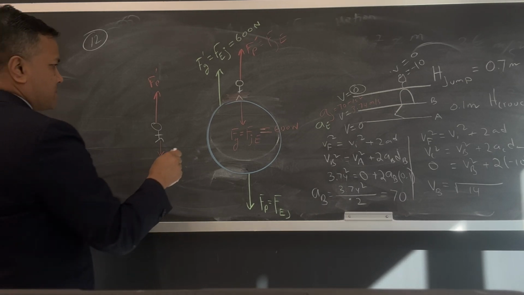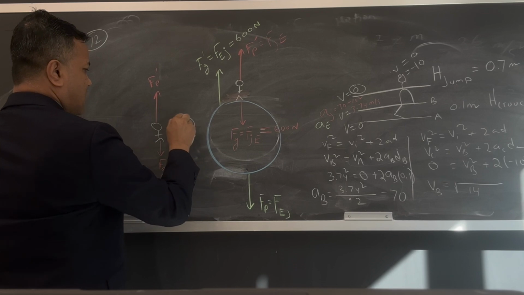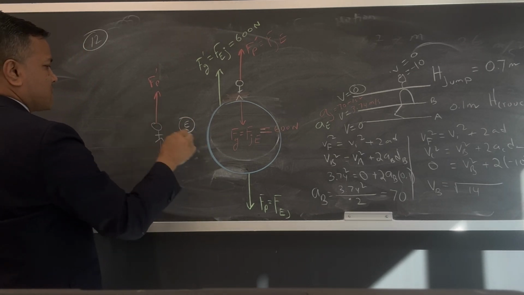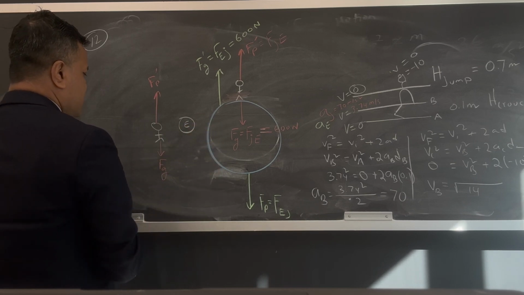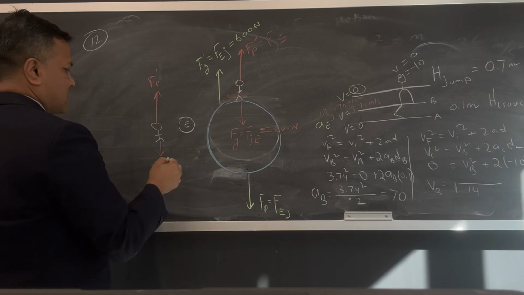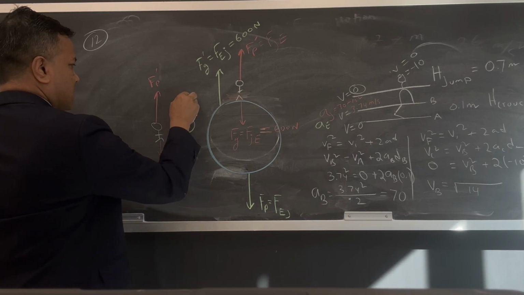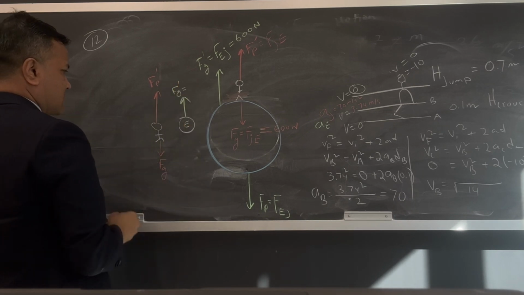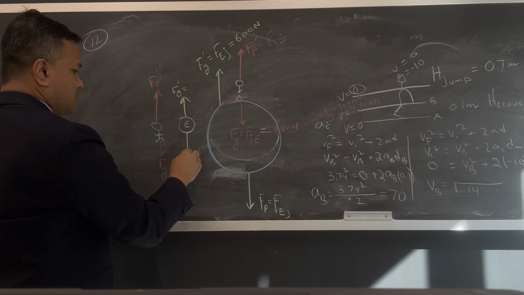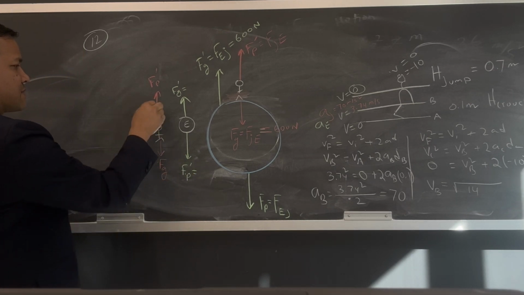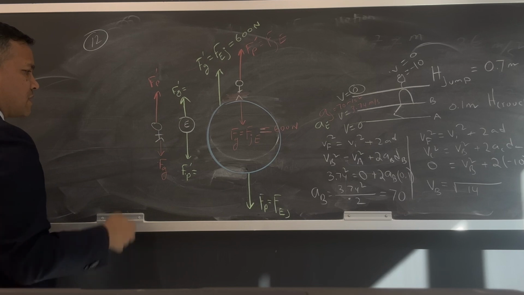But you can also put the Earth, and there is no difference, because the net force over here would be the same as the net force over there. It doesn't really matter, because as you're going to see, this one is going to be the same in magnitude, opposite in direction.